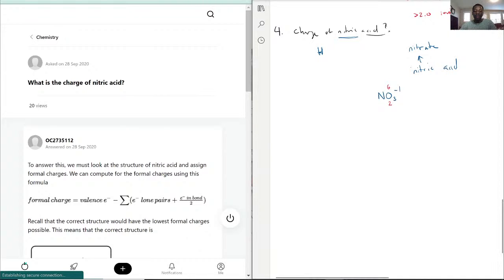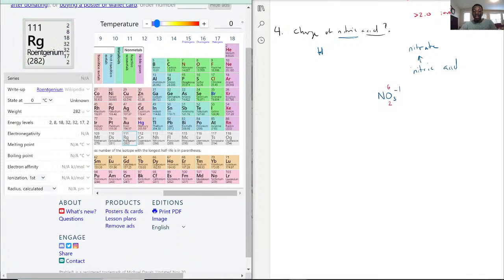Nitrogen, and think of these ions specifically as always being negative, so I don't assign any positive or negative signs to the numbers just yet. Nitrogen is in the 15th column, so it's going to have 5 valence electrons. The only way for this to work for the -1 is if the 6 is negative and the 5 is positive.